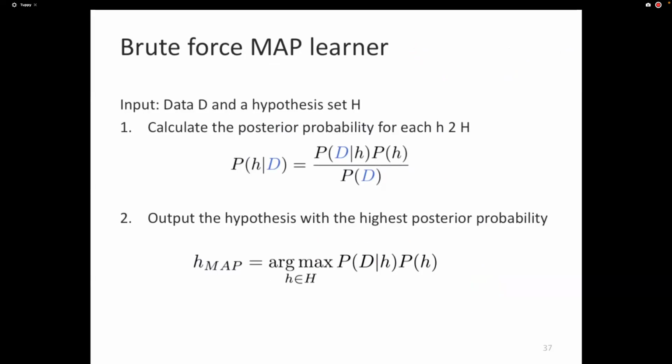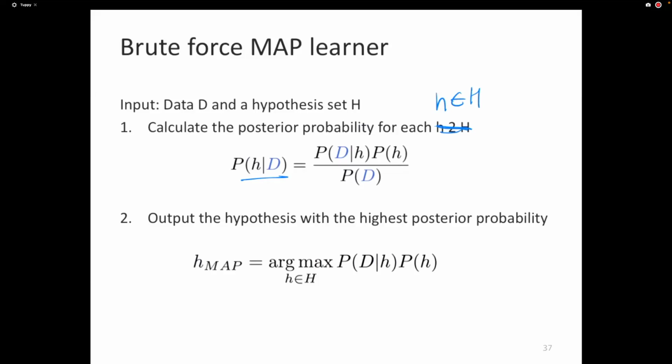What you do is this, I see there's a mistake here, this should be h in H. For every hypothesis h in the hypothesis space, we calculate the posterior probability P of h given D. And then we have a big list, possibly an infinitely large list, that maps the hypothesis to its posterior probability.